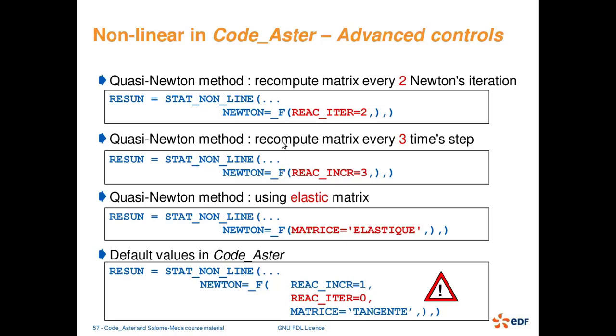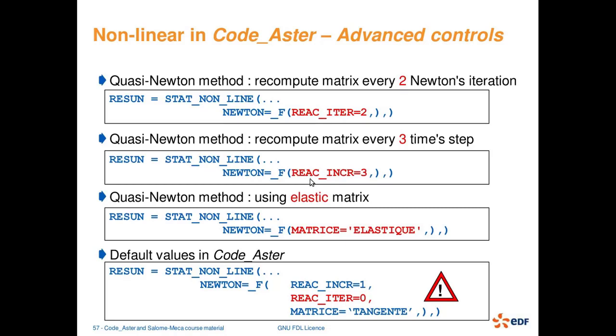Similarly, I can also ask the system to recompute the matrix every third time step. By default, at every time step, recomputation of the tangent matrix will take place. Within one time step, I can stop recomputation at every Newtonian iteration by using this react-iter command.